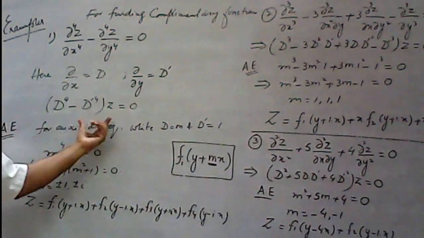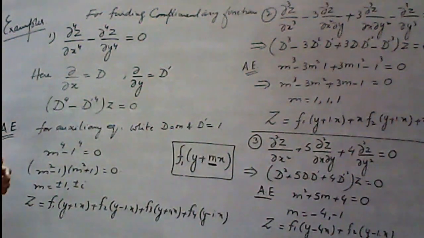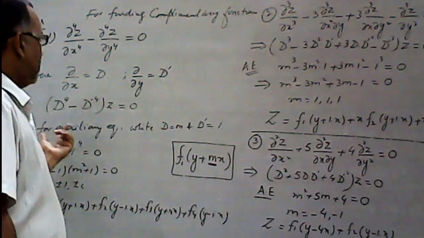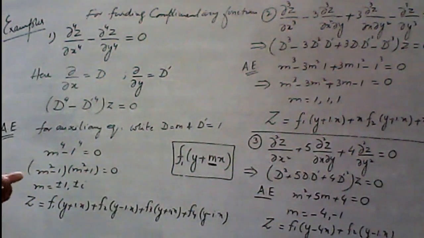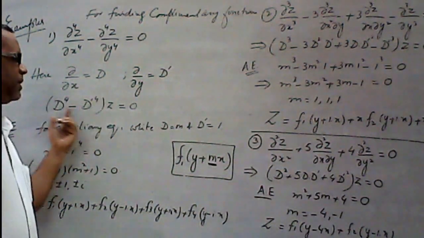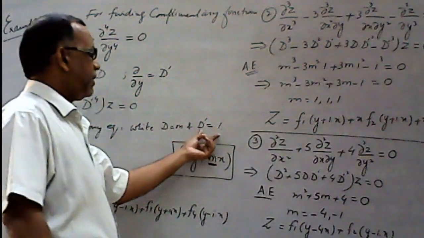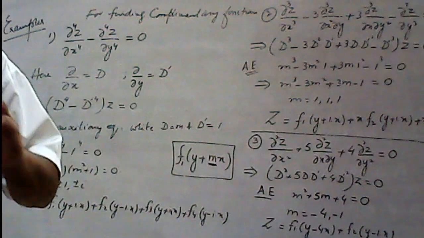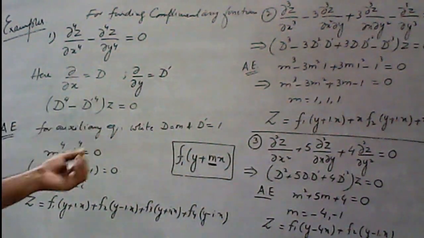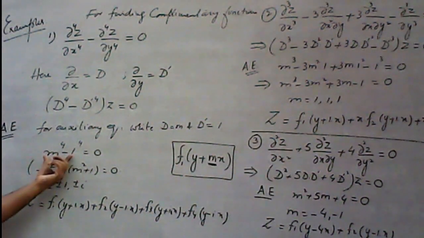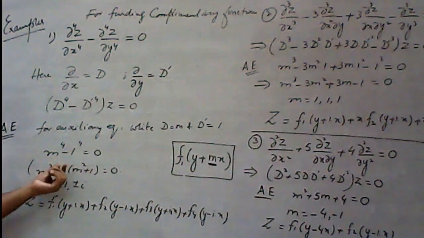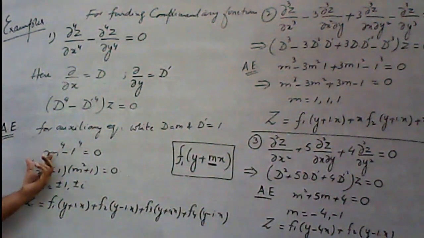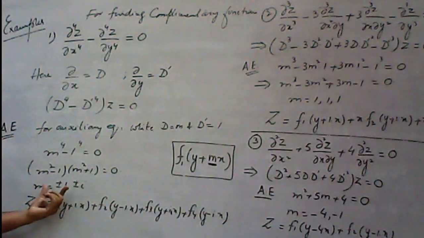Once we have the question in operator D form, we need to write the auxiliary equation as we did in higher order ODE. For making the auxiliary equation, you need to replace capital D with small m and capital D dash with 1. This is the fixed way, you cannot switch this. Then you have an auxiliary equation, and we need the solution of that auxiliary equation.